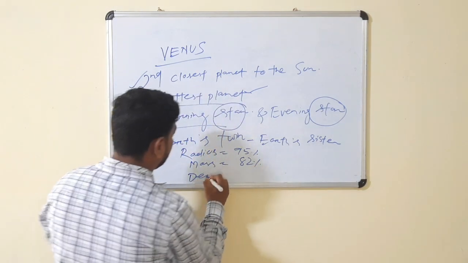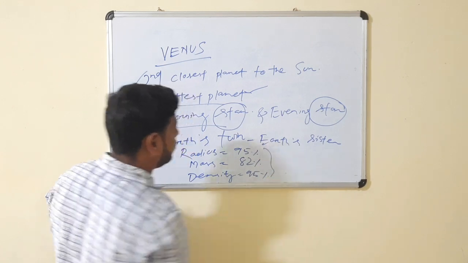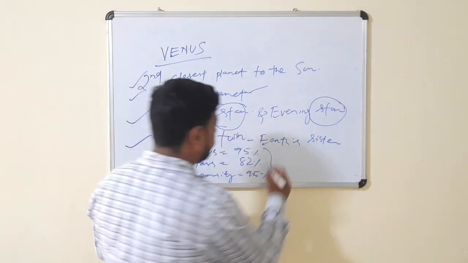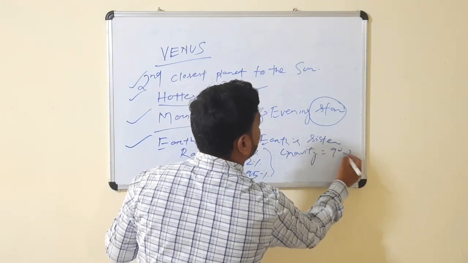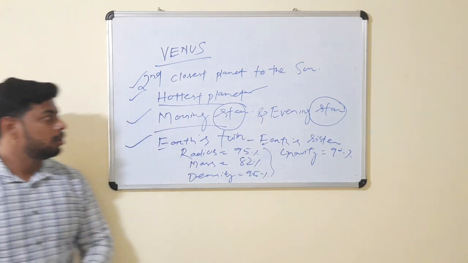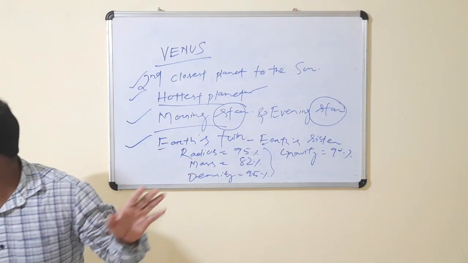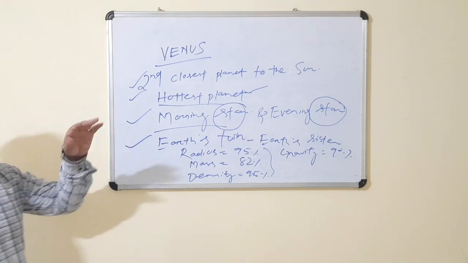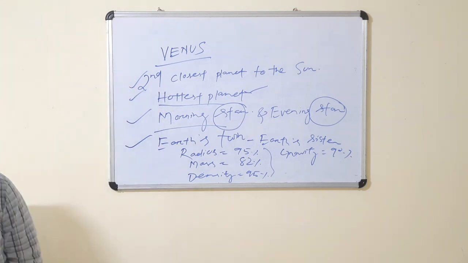Both the radius and density are about 95% of Earth's, and the gravity is about 90% of Earth's. So because of similar size, density, radius, mass, gravity, Venus is called the Earth's twin.